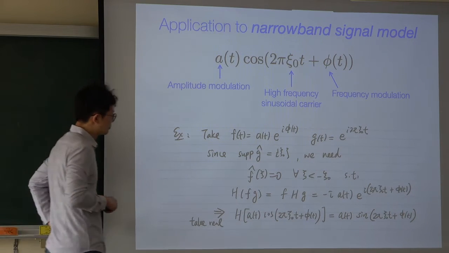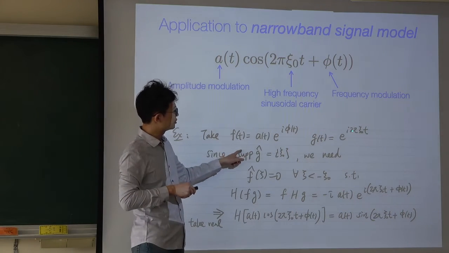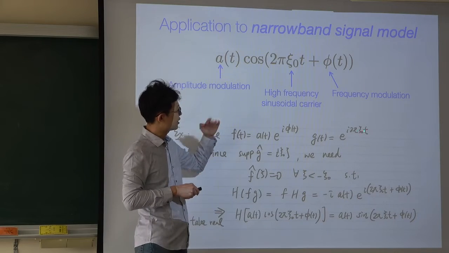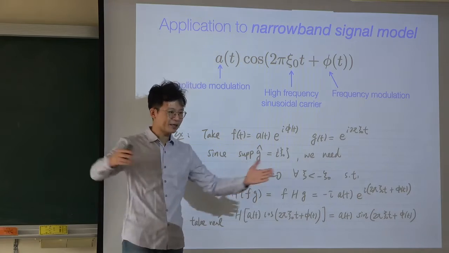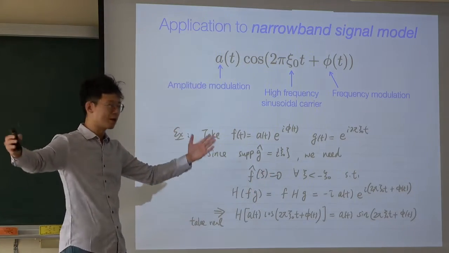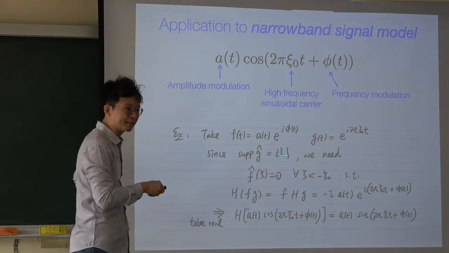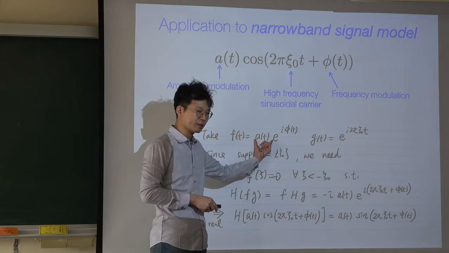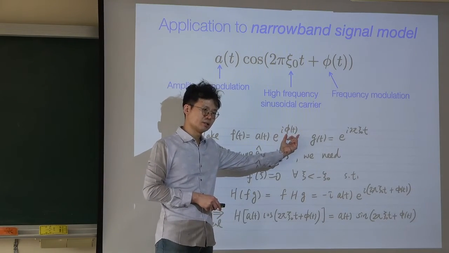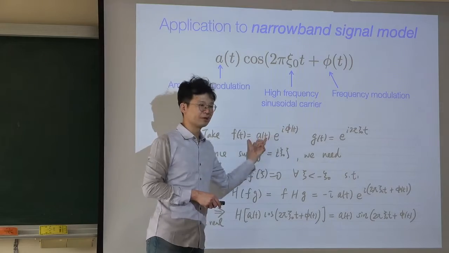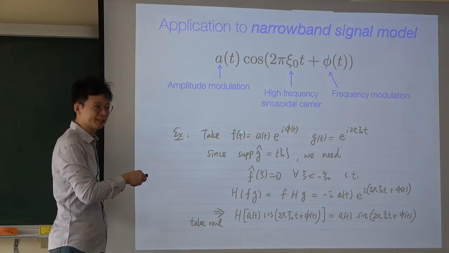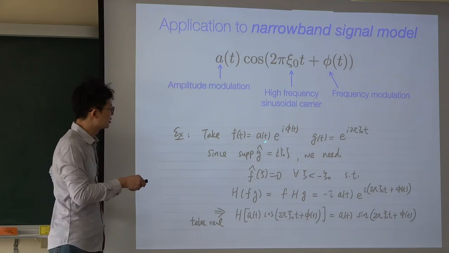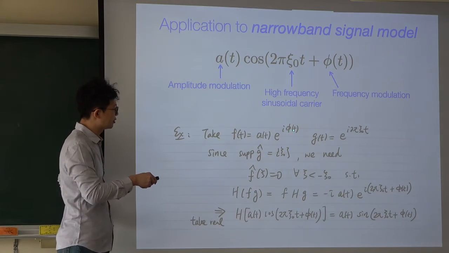Why is it useful? Because usually c0 is a high frequency carrier frequency. It can be very high, so that you have a lot of bandwidth to host the information that can be encoded in the AM part or FM part. So to my knowledge, that is how, if you listen to the radio, they encode signal or voice or everything in amplitude or phase.